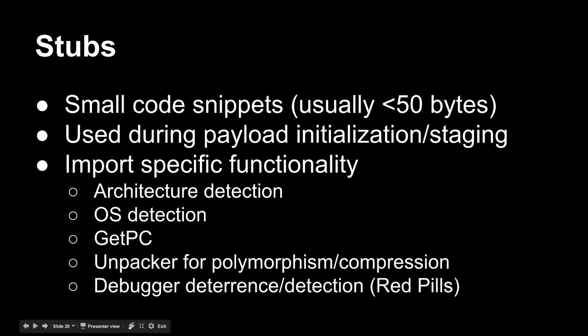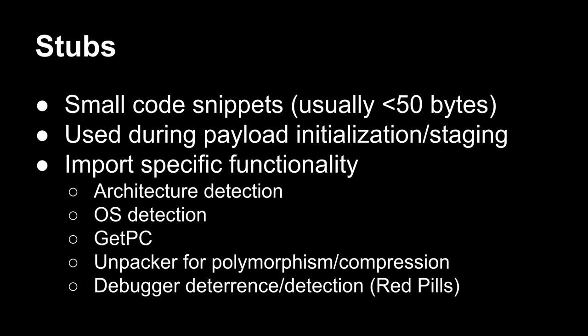So to drill down more into stubs, they're usually small code snippets that are less than 50 bytes that are used during payload initialization and staging. They may go as far as importing specific functionality or doing red pill based techniques. So detecting virtual machines is specifically what red pills refer to.